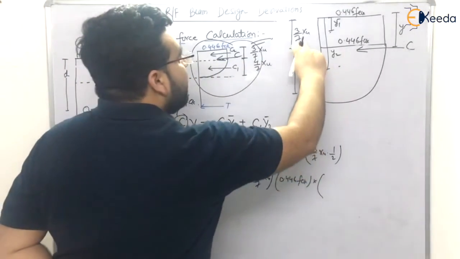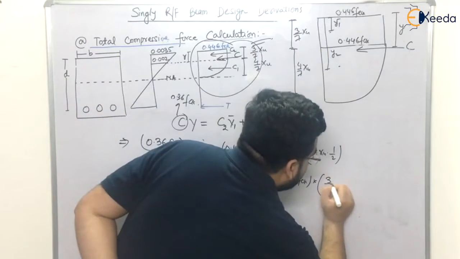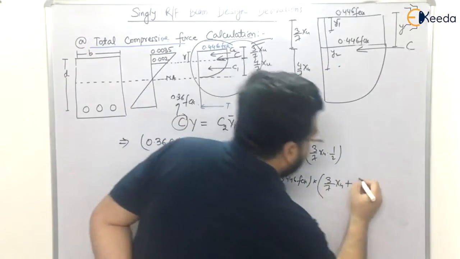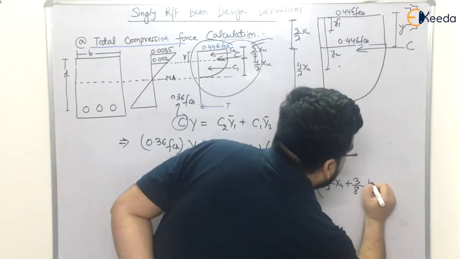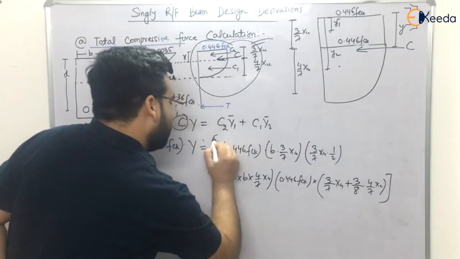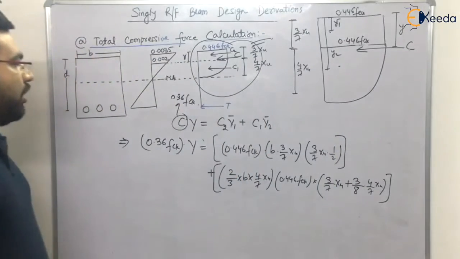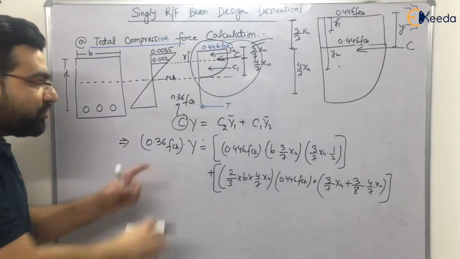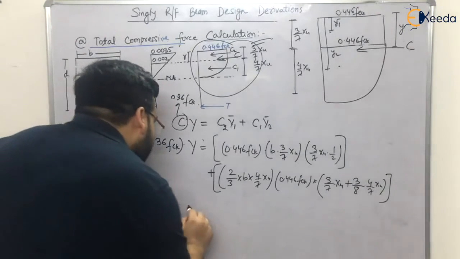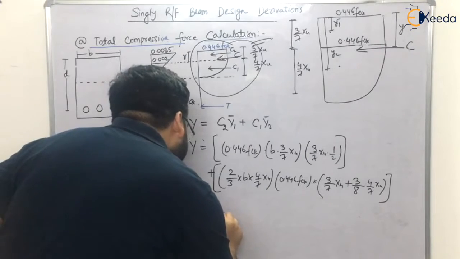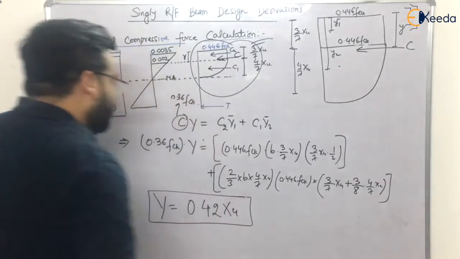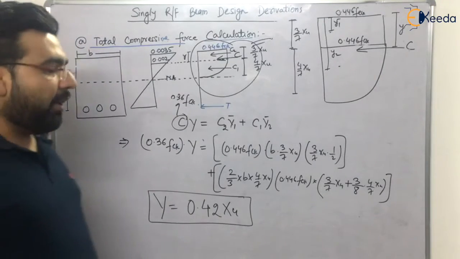How much is Y2 bar? 3 by 7 XU plus 3 by 8 into 4 by 7 XU. This is how we get Y. So if you solve it, you will get Y will actually be equal to 0.42 XU.